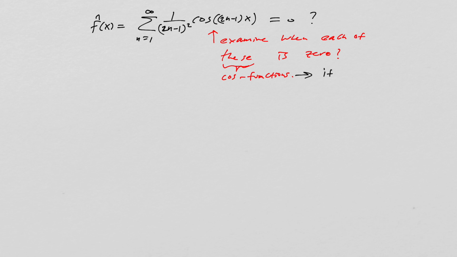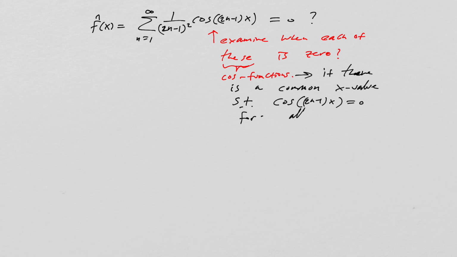If there is a common x value such that the cosine of 2n minus 1 times x is equal to 0 for all n, then f hat must also be 0.